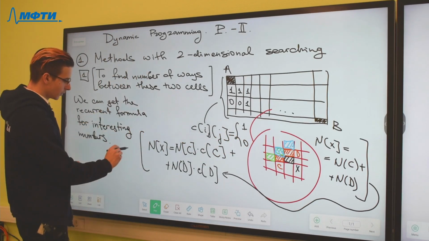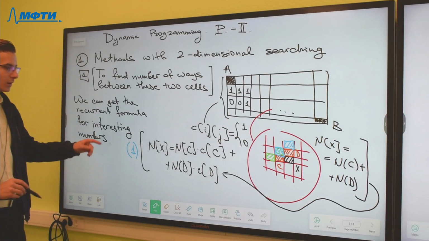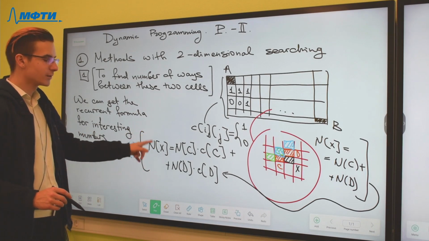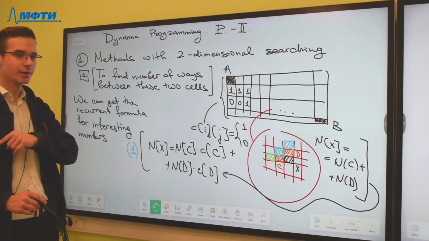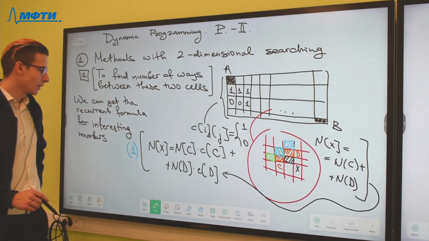Firstly, to understand, we need to find the recursive formula. In all today's tasks, we try to find it, and it is important for the previous tasks that we talked about in the previous lesson.